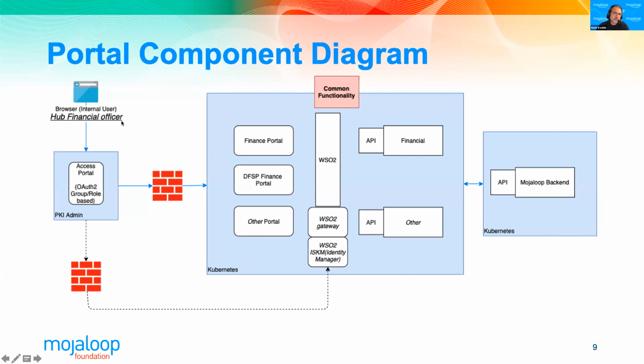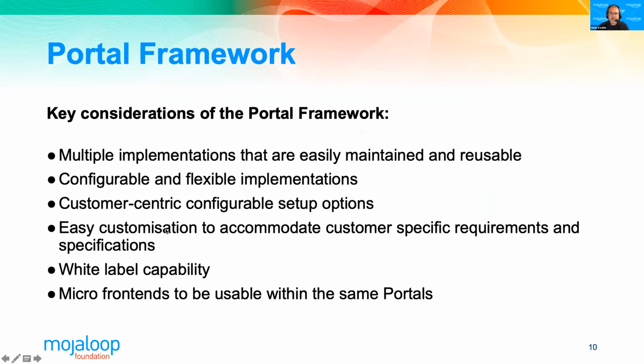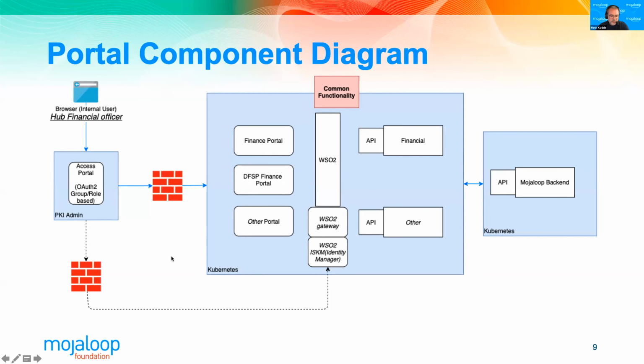So as a hub financial officer, you will obviously be authorized to access the system, and according to that, you'll be able to get an allocation for a specific role, whether you're a supervisor or a capturer. Those are essentially different people and different roles with different responsibilities.